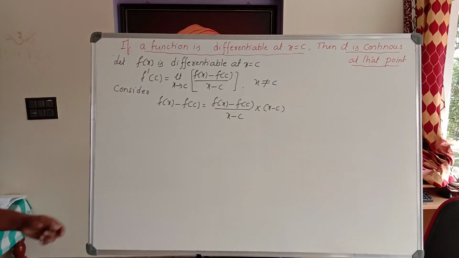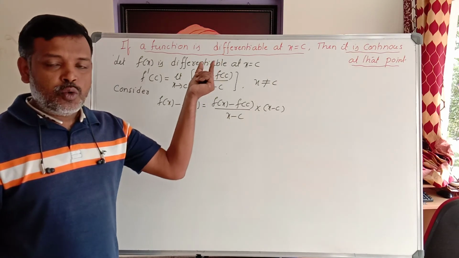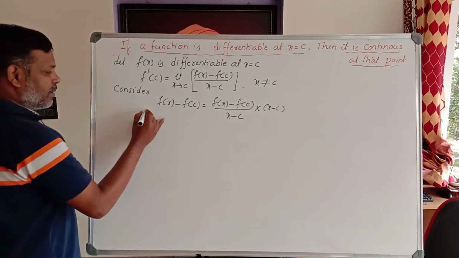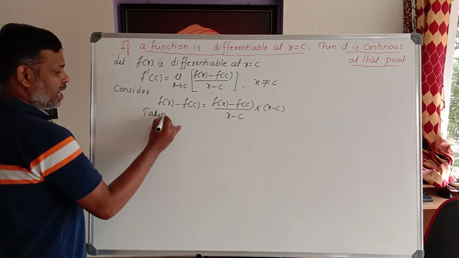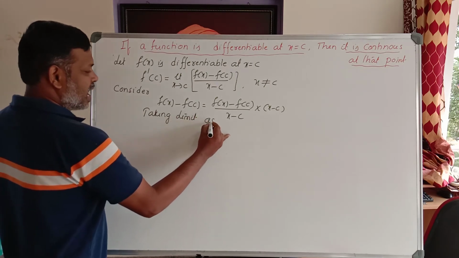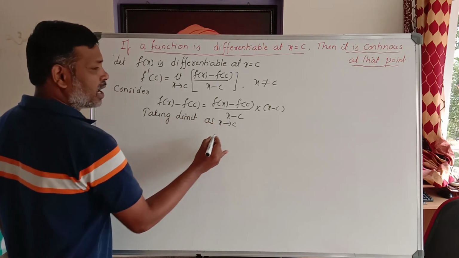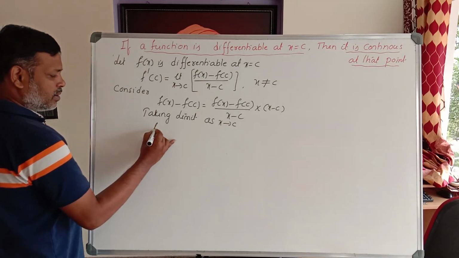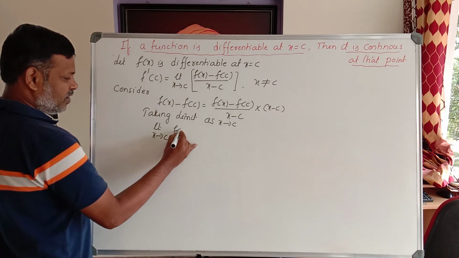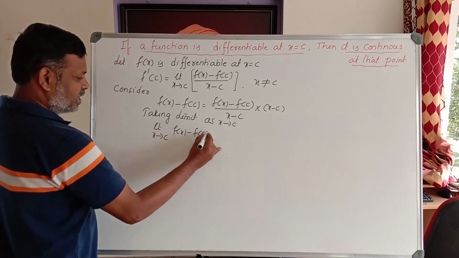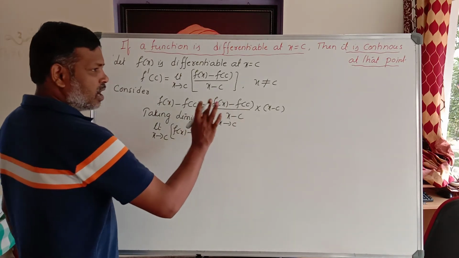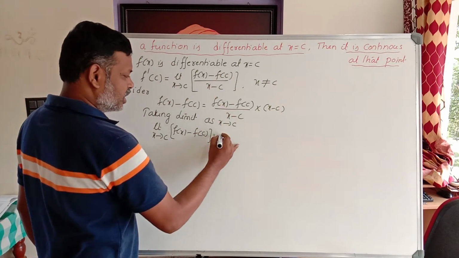Now since the point is c, we have to take the limit as x tends to c. Taking limit as x tends to c, what is that? Limit x tends to c, f of x minus f of c is equal to, here we have two functions, so apply limit to both the functions. What happens here?